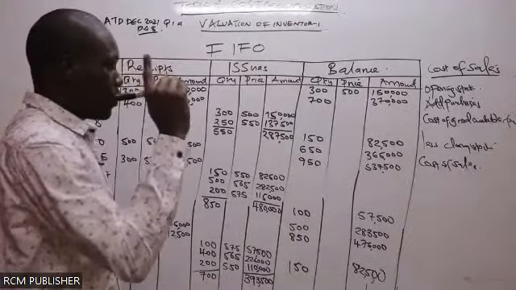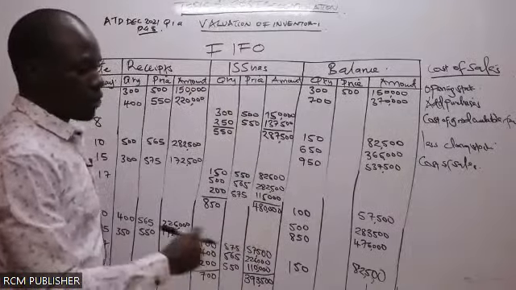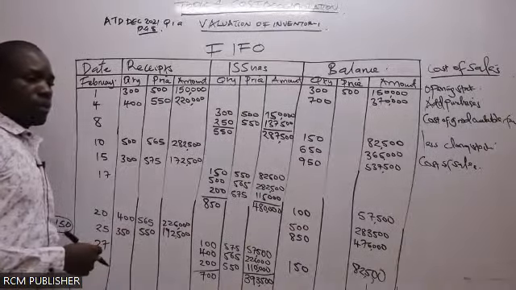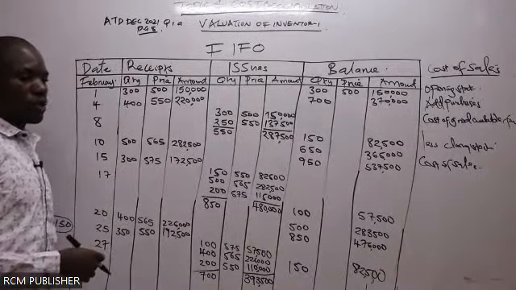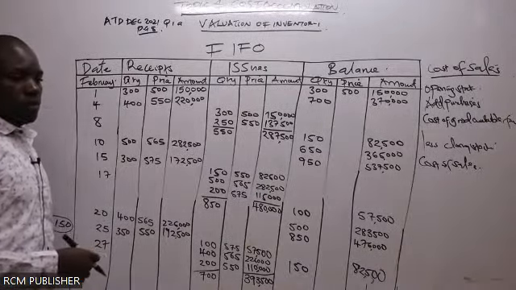Now, let us look at it from this point. Opening stock. What is the value of opening stock? Not in terms of units, in terms of amount, the value of our opening stock is equivalent to 150,000.